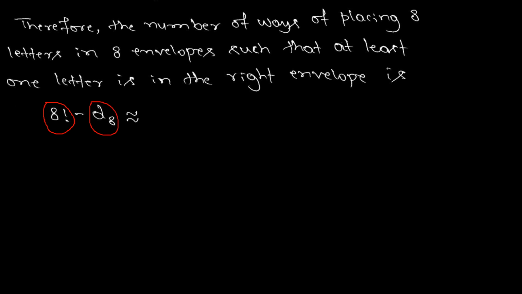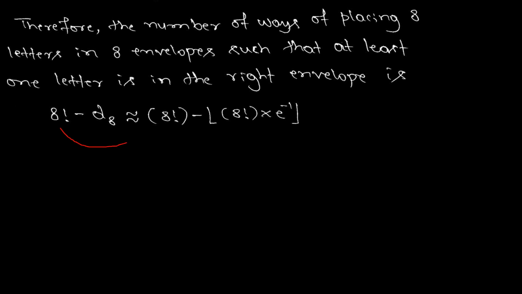If you do, you will get the required number of possibilities in which at least one letter has gone to the right envelope, which is equal to 8 factorial minus D8. If we simplify this further, here you can see 8 factorial is common.